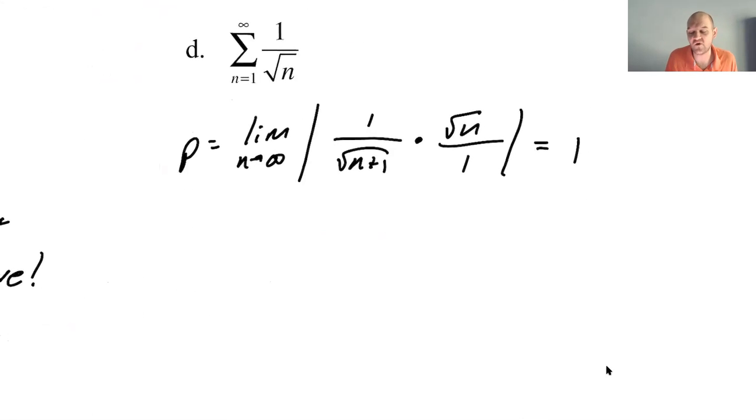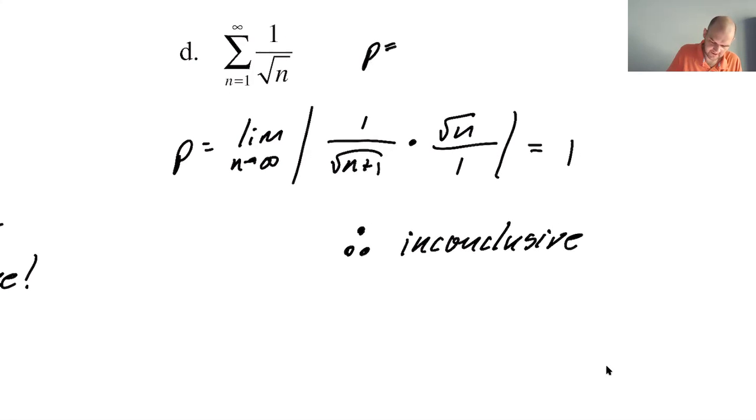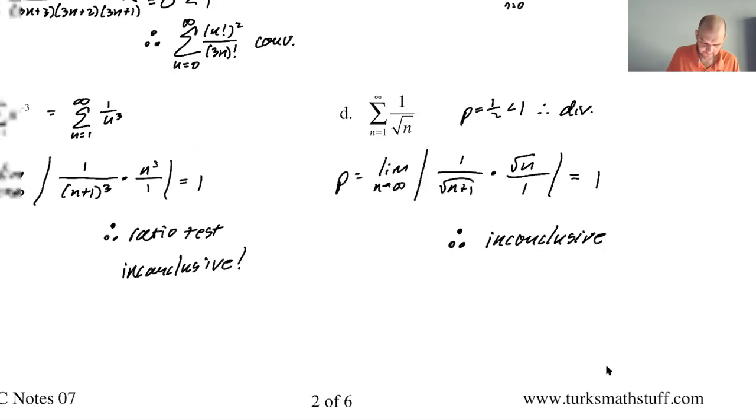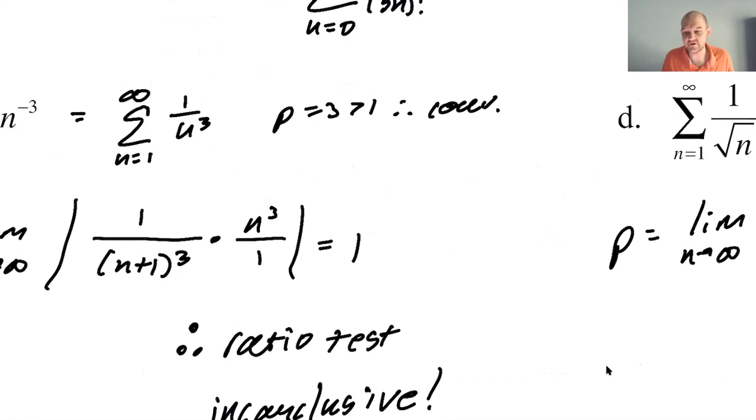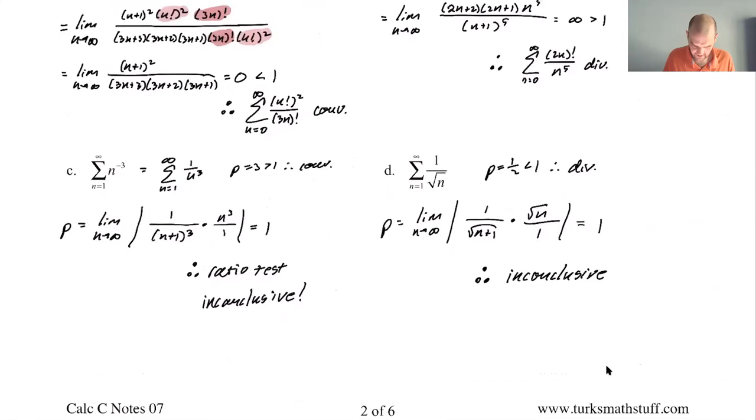So a P series is always going to be inconclusive. Like this is a P series with P equal to 1/2, less than 1, diverges. This was a P series, P is 3, greater than 1, converges. So if it's a P series, do not waste your time.